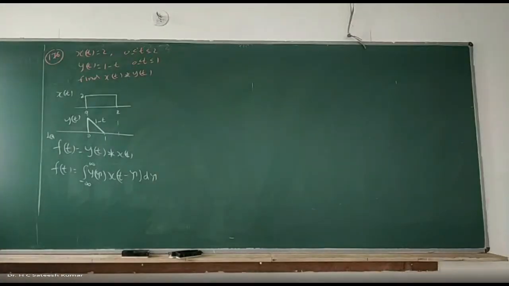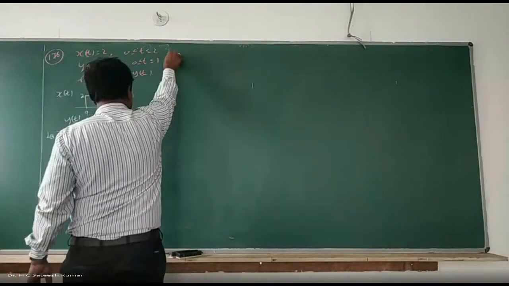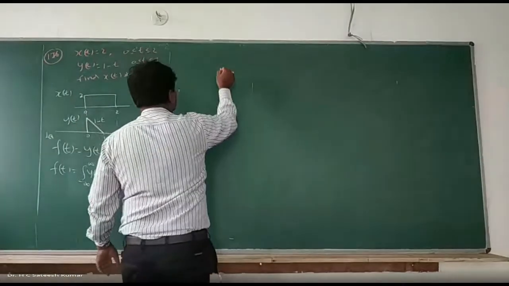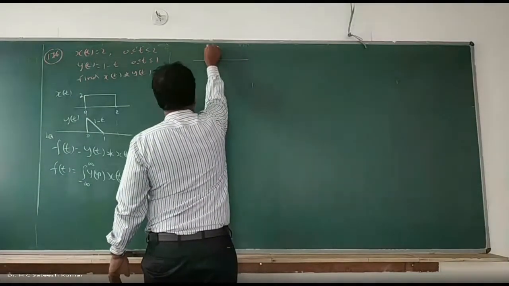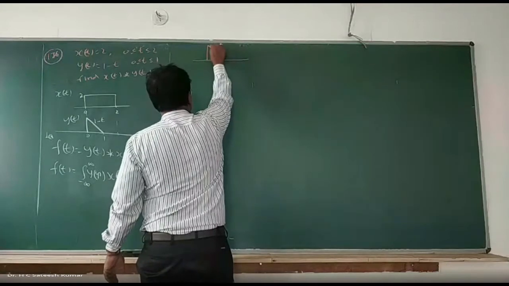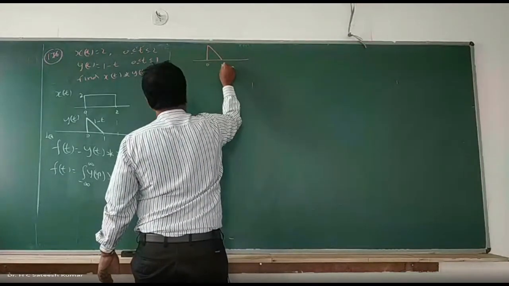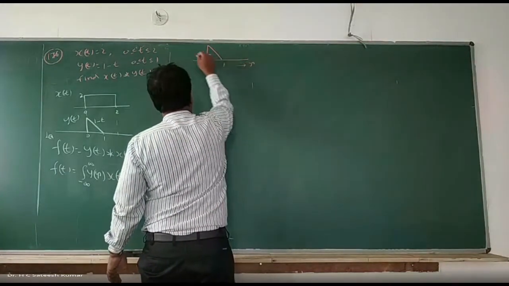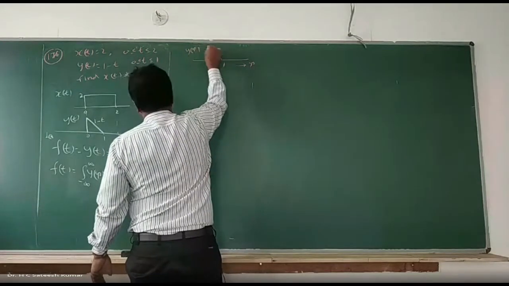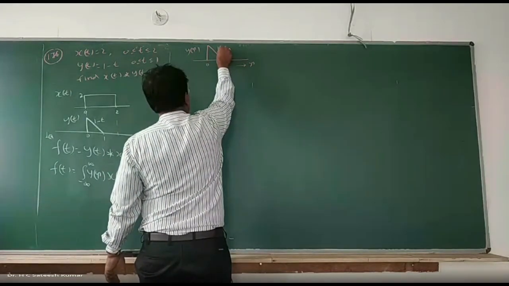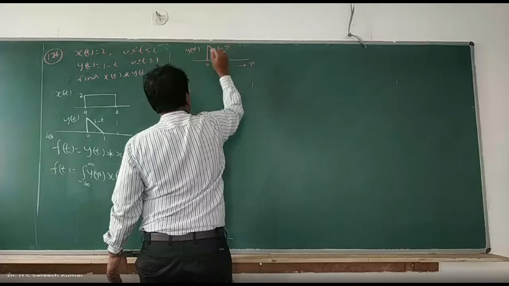Zero to 1 on the tau axis. This is y of tau. This is 1 minus t replaced by tau, means y of 1 minus tau. That is 1 minus tau.